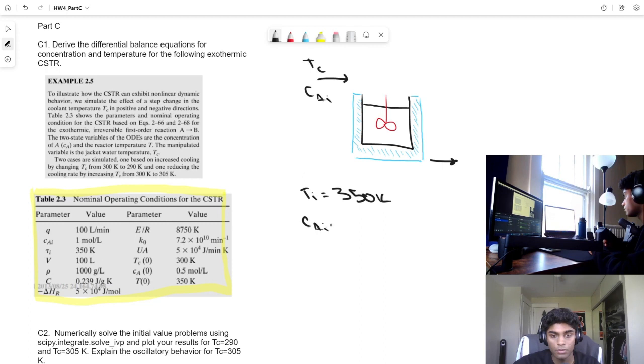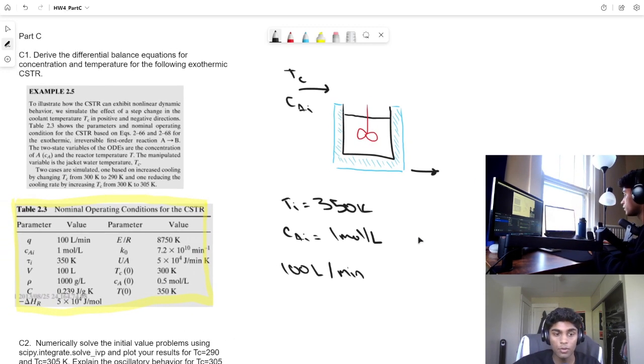And the flow in for this reactor is 100 liters per minute. Now, within our reactor, we are also given the fact that the volume is 100 liters. So volume equals 100 liters.